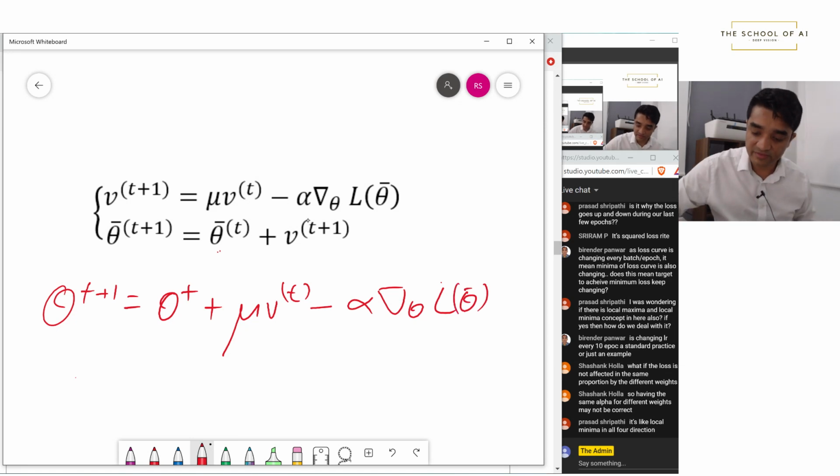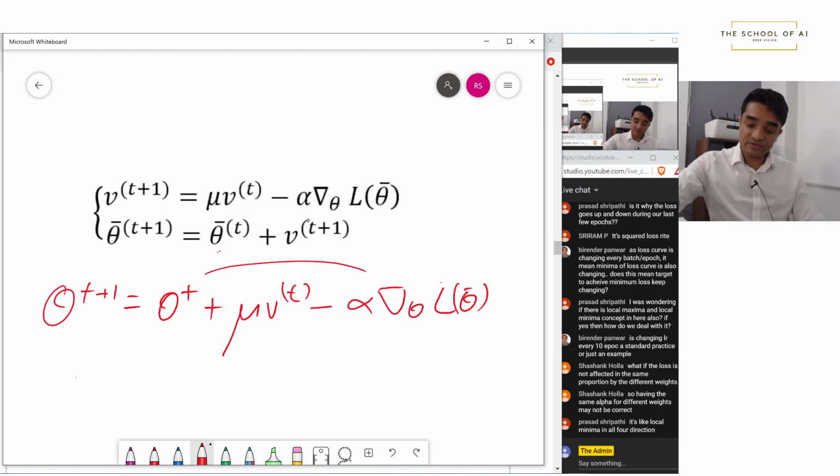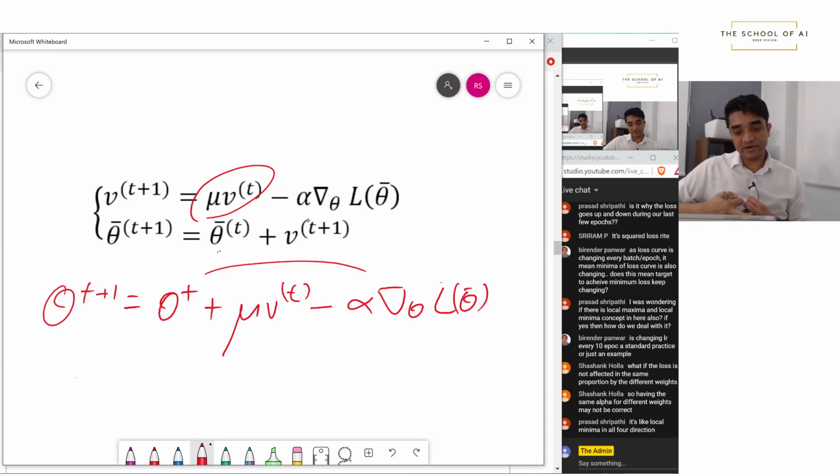That is the equation which we have now. So you realize this is actually the old thing only. There's not much difference here, right? But this term is the last update we had. So what we are saying is that I'm going to take 90% of the last update and then the current one. That is exactly what we're trying to do here.